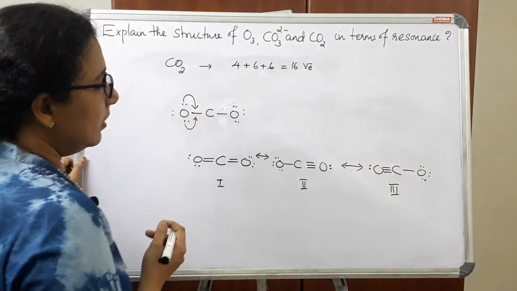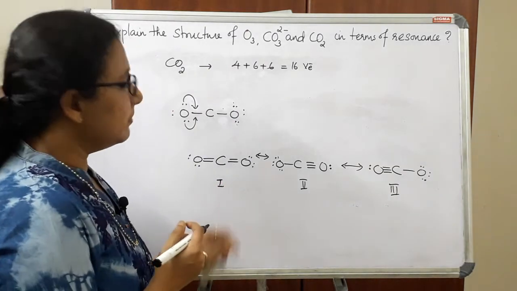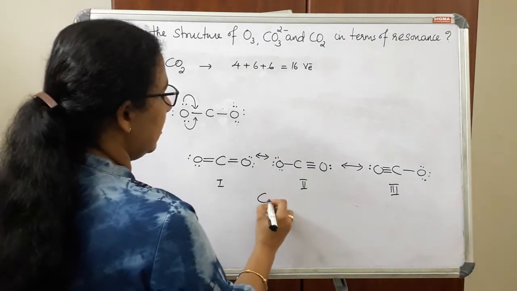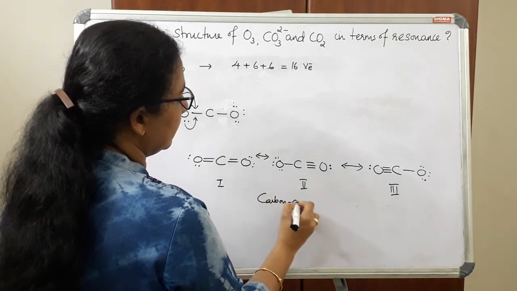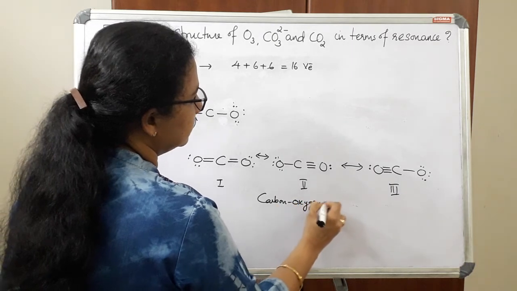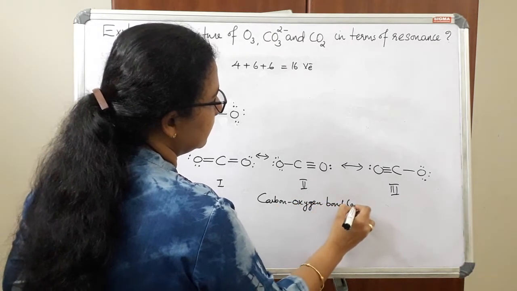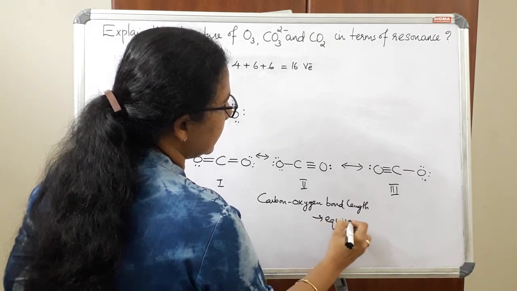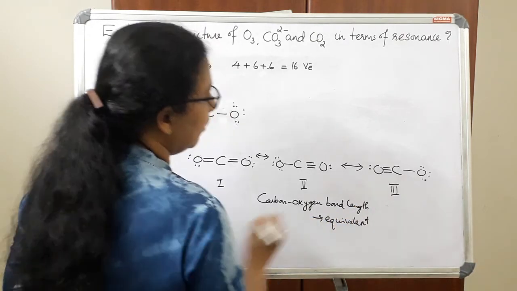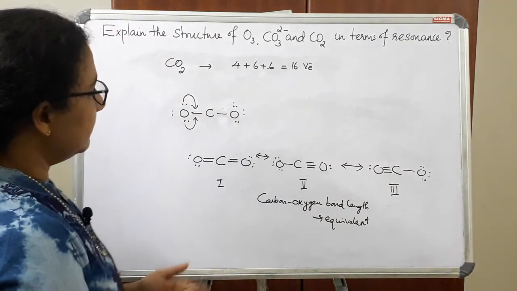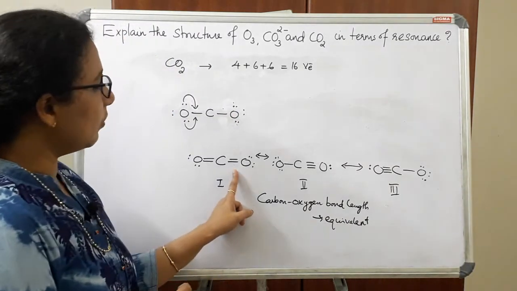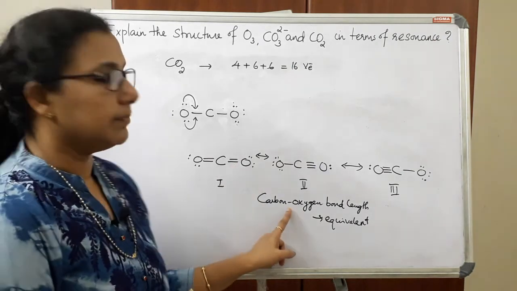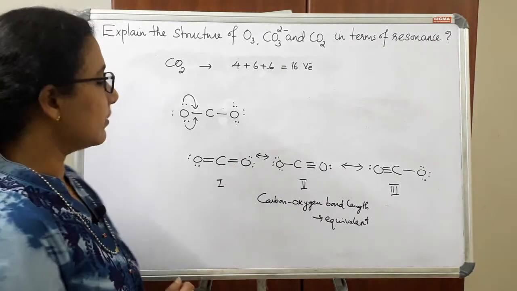So the experimentally determined value for the carbon-oxygen bond length is actually equivalent, the same or similar bond length will be determined experimentally. But if we are drawing a single structure, we cannot explain that property of the carbon dioxide molecule.